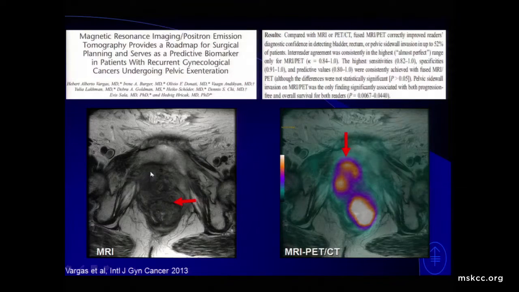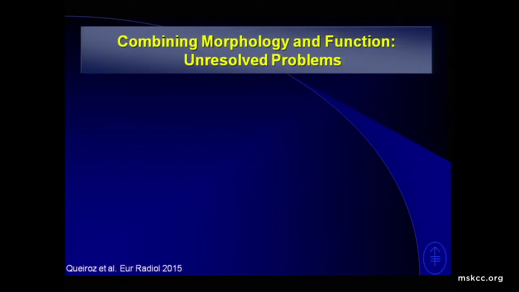Does it go close to the pubic bone? These patients have had radiotherapy before, so it's not that easy on anatomical imaging to make a distinction. But when you combine the information of PET, the metabolism, with the anatomy, you can see the extent of this tumor. This is really helpful in planning pelvic exenteration. We discuss those cases on a monthly basis in our pelvic reconstruction DMT. Moreover, the parameters derived from both diffusion-weighted images and PET were significant in predicting outcome in those patients.